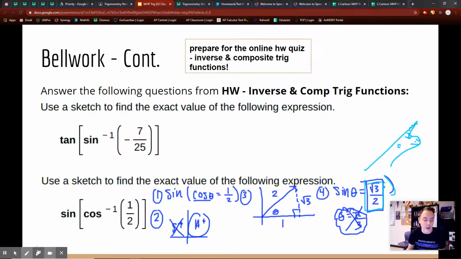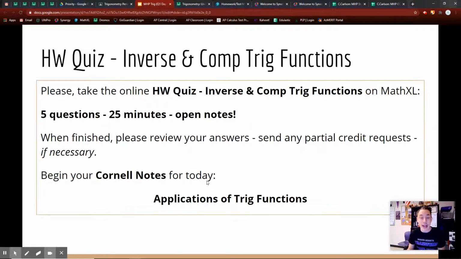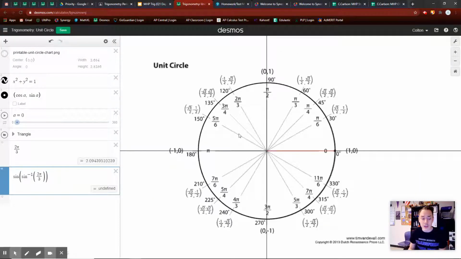I hope that now you're adequately prepared, or you feel prepared, for the homework quiz. So I'm going to erase, and you're going to get started. Okay, we are going to do 5.8 application of trig functions afterwards. I think it's rather a fun lesson. It's very applicable. Mathematics is really interesting. You all have 25 minutes, 5 questions, open notes, of course. Please, please, please use your unit circle.